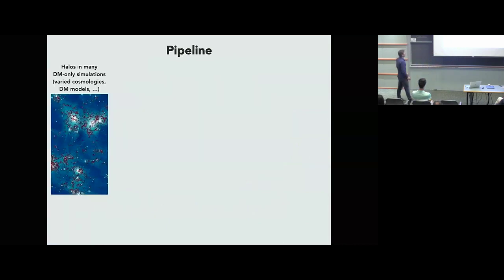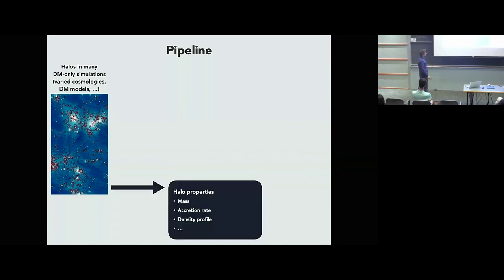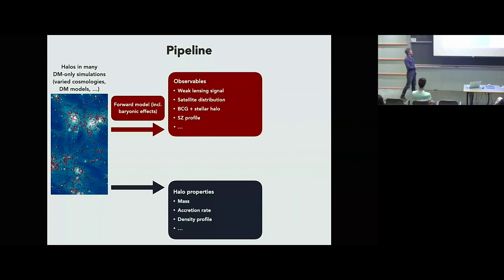What does doing this then entail? Well, we want to start from the dark matter. So we want to start from dark matter only simulations that could have different cosmologies, dark matter models, you know. And then we want to forward model our observations. So we take the halo properties that we want to know, say mass, accretion rate, ideally the whole density profile. And then we compute somehow the weak lensing signal, satellite distribution, stellar halo, SZ profile, and so on.